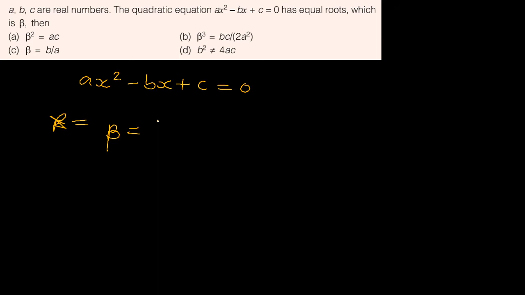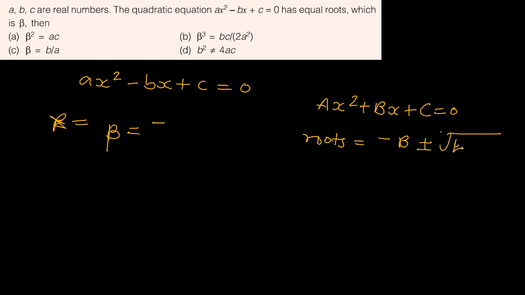We know that for any quadratic equation ax square plus bx plus c is equal to 0, the roots are minus b plus or minus under root b square minus 4ac upon 2a.